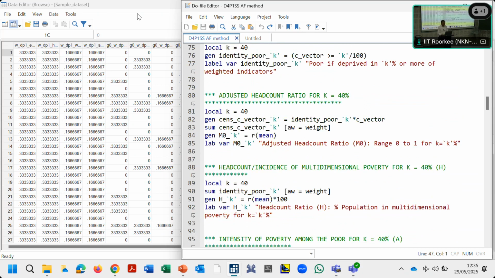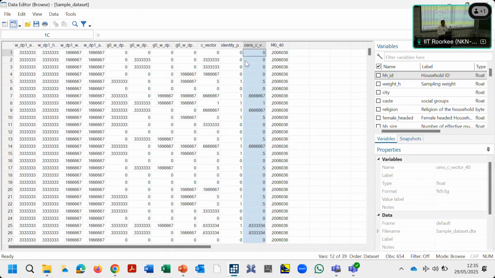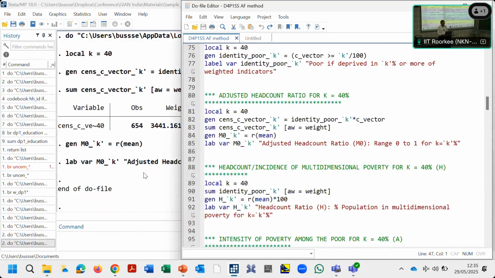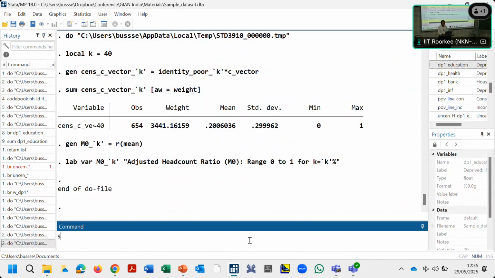Okay, so adjusted headcount ratio. For example, if you have this variable, say the censored C vector, what you can do is use another command. Let's use mean.